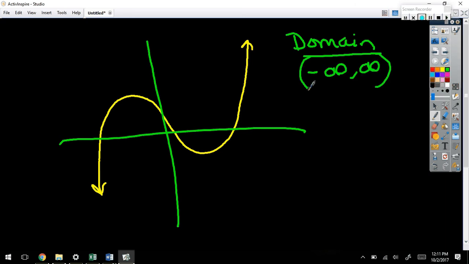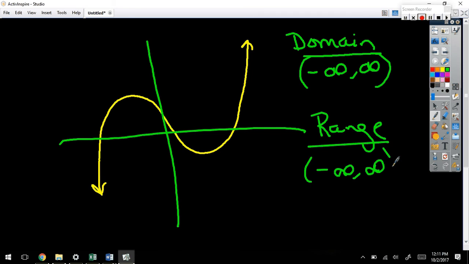Does that confuse anybody? A lot of us got kind of stumped with domain and range. How about range here? Negative infinity to positive infinity, absolutely. No, I'm fixing to show you one that's not. Remember when we did parabolas, the range was impacted. What if it looked like this?